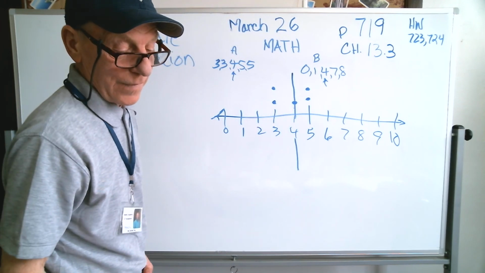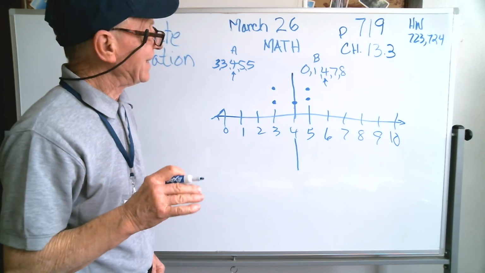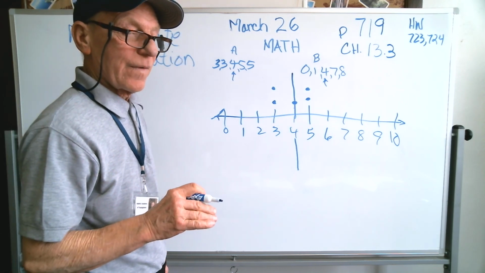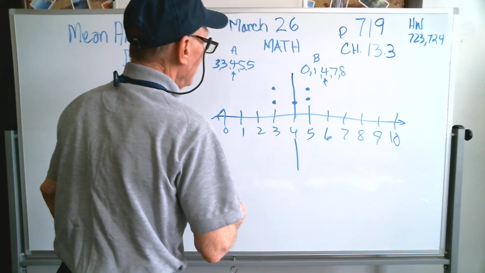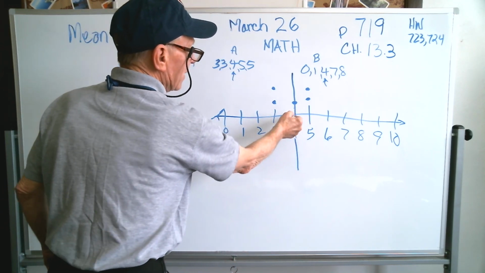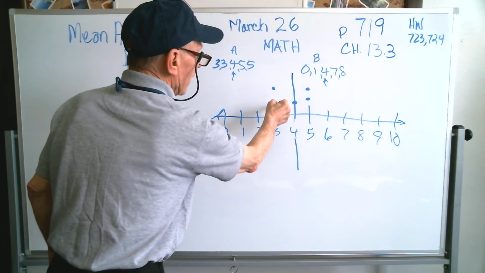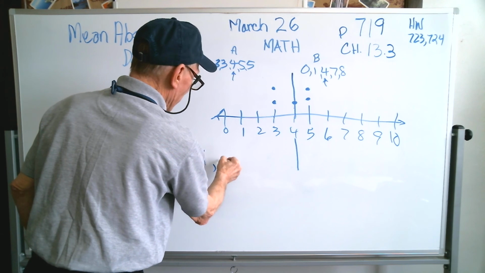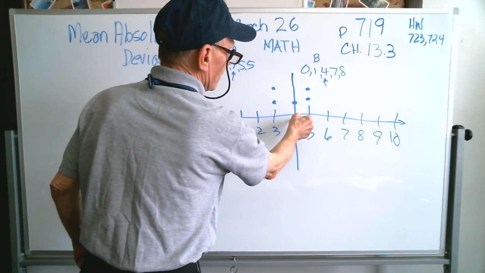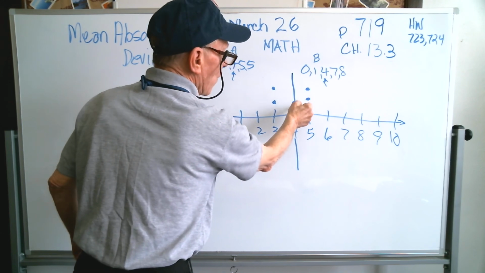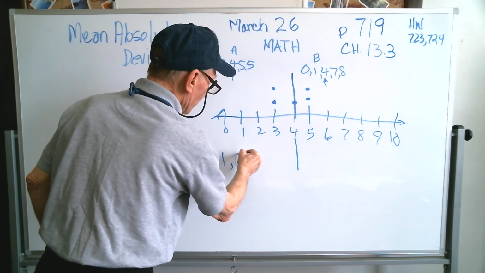Now, here's what we begin to do. We're looking for the distance from the median. So in this one, the distance from the median to 3 is 1. And there are 2 of them, so we add another 1. The distance of this point is at the median, so it's 0.